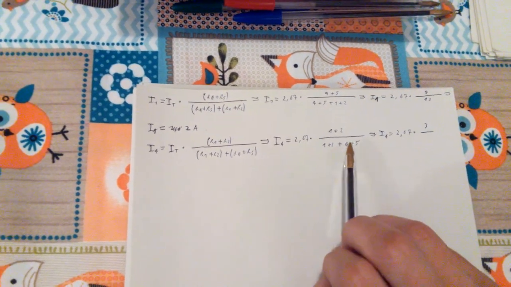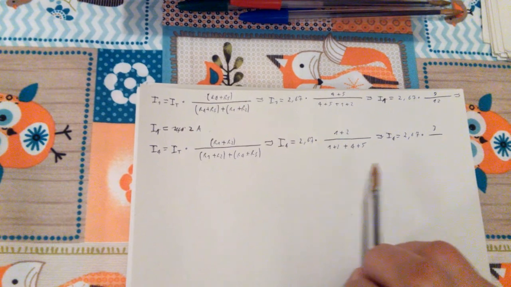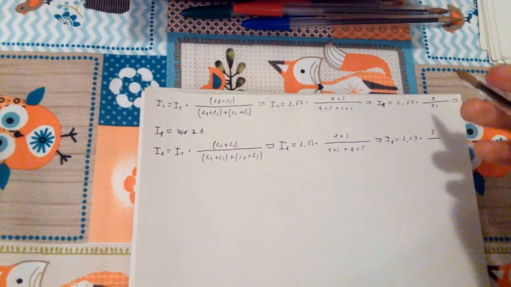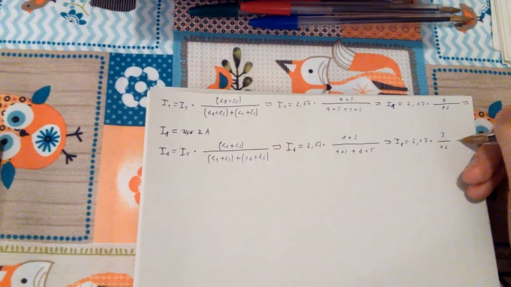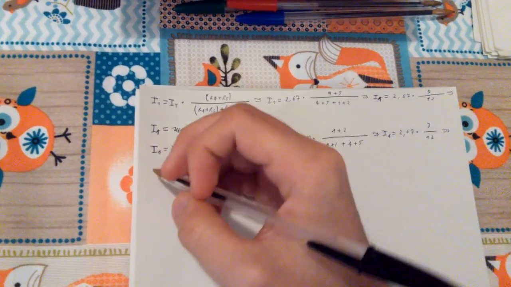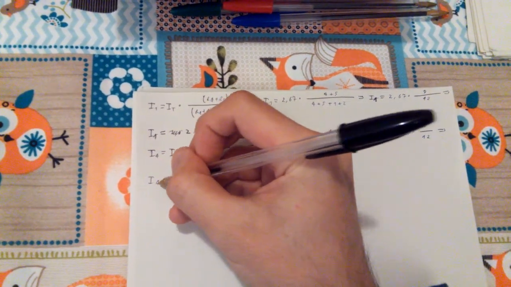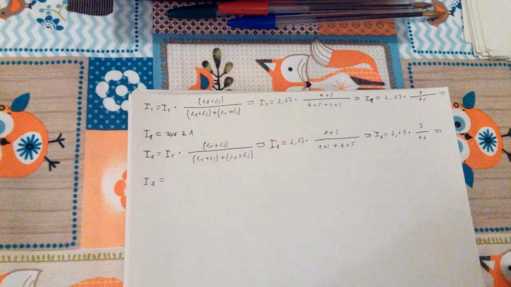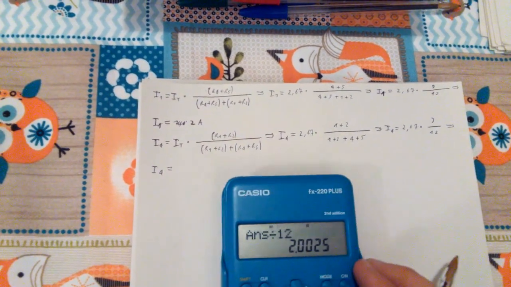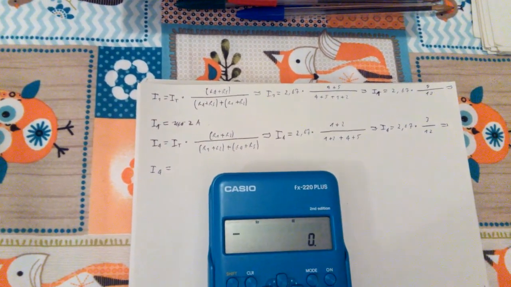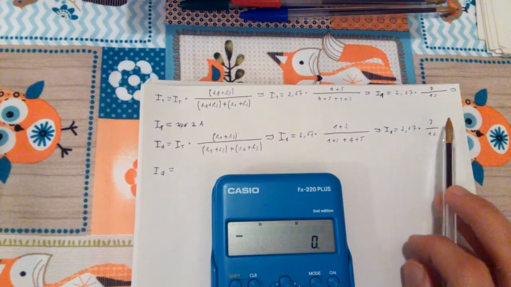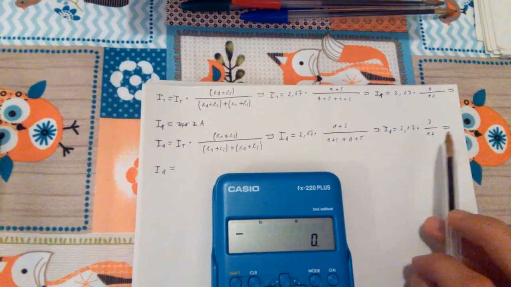Then you will have 4 plus 1 is 5, 5 plus 5 is 10, plus 2 is 12. Just like before. So I4, therefore, once again I'm lazy, it's 2.67 times 3 divided by 12.